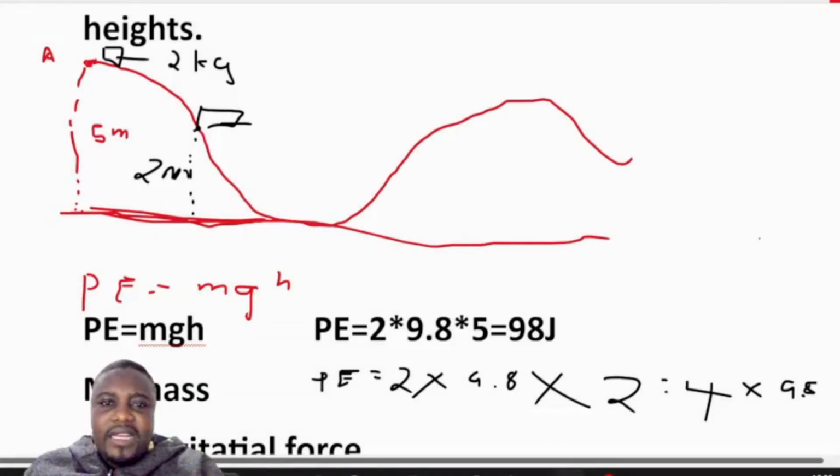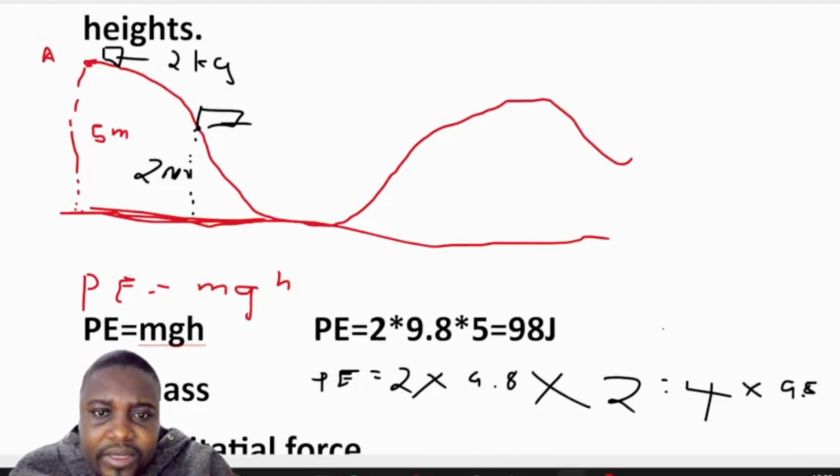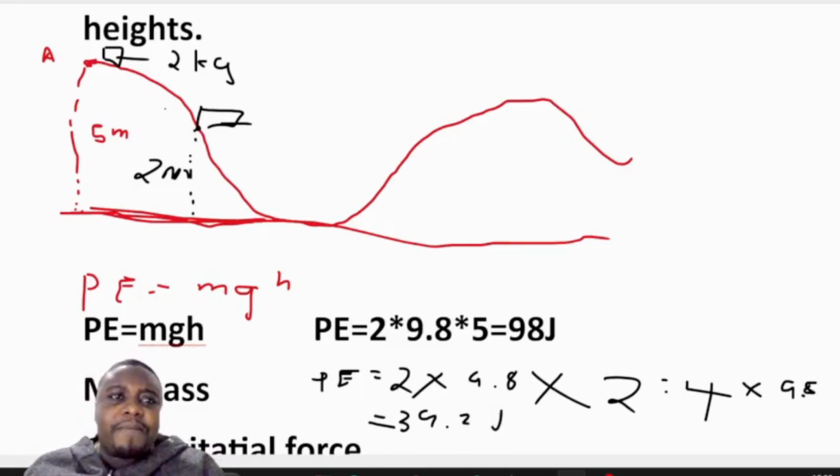So the answer here is going to be 39.2 joules. Now you will see that the more you go down, the potential energy decreases.